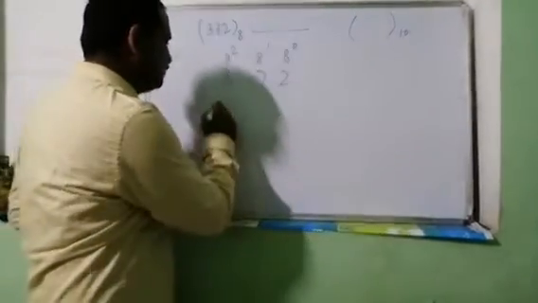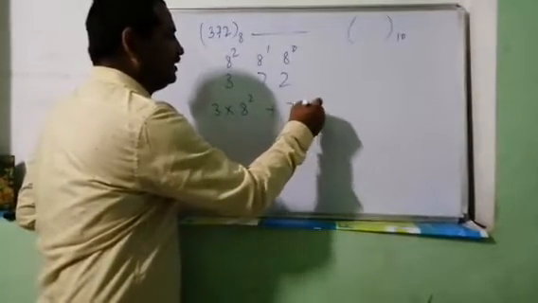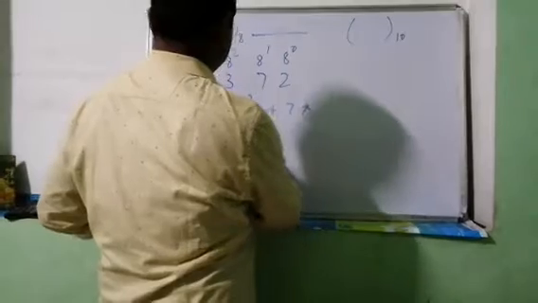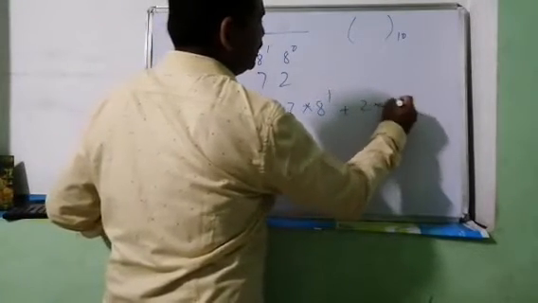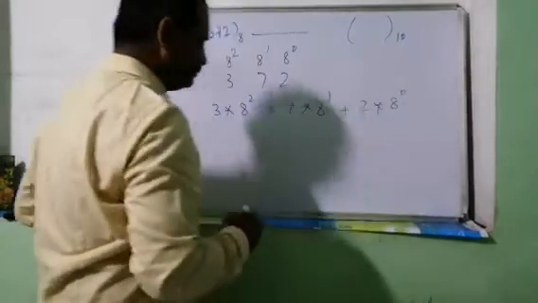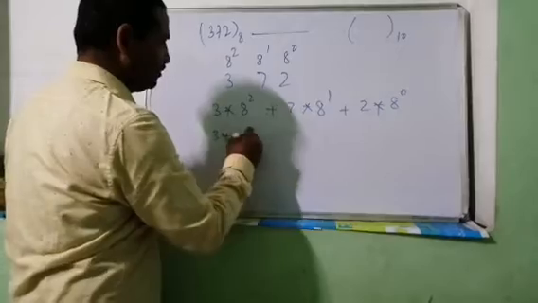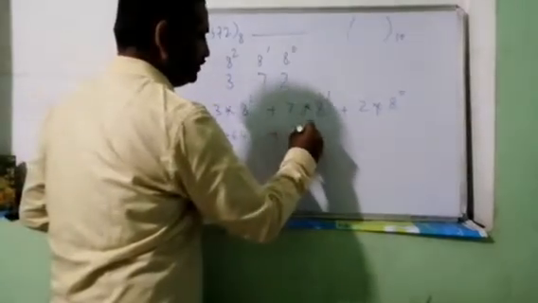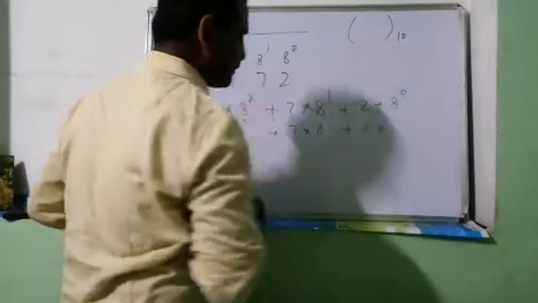So in this process we will use 3 into 8 to the power 2 plus 7 into 8 to the power 1 plus 2 into 8 to the power 0. So this will be 3 into 64 plus 7 into 8 plus 2 into 1.